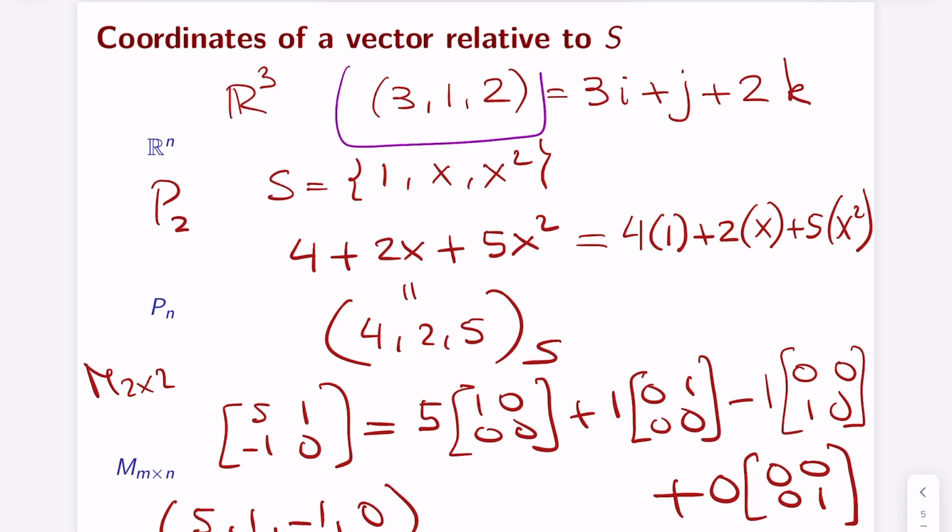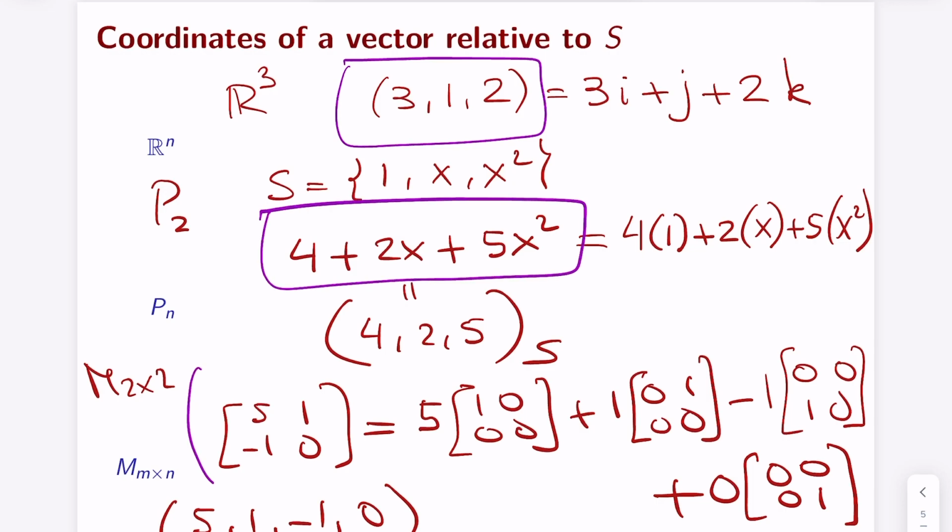So when we see a vector in R3, or a polynomial in P2, or a matrix in M22, we see right away the coordinates relative to the standard base. So we can see here 3, 1, 2, here 4, 2, 5, and here 5, 1, minus 1, 0.